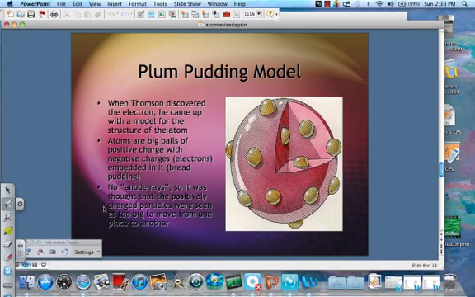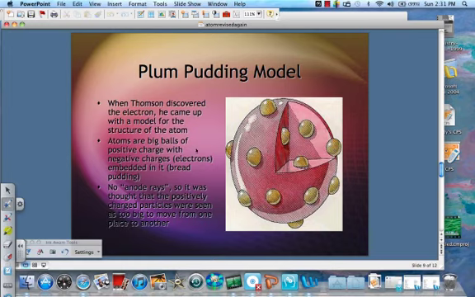And since no anode rays were found, the cathode rays had beams of electrons, and there were no positively charged rays, they had to conclude that the positively charged particles were too big to move from place to place like the electrons. So the electrons had to be really, really tiny compared to the positively charged particles. So he said it looked like plum pudding or bread pudding or a chocolate chip cookie, basically.